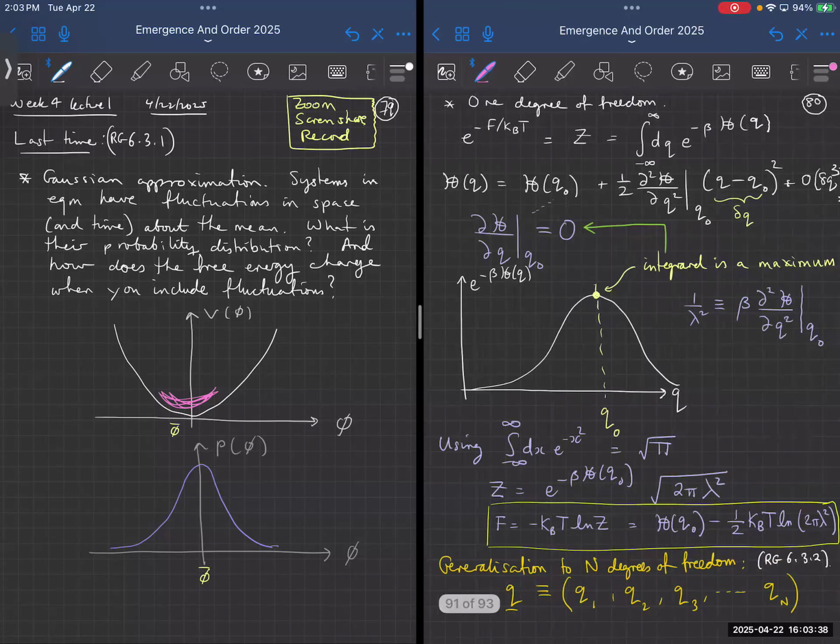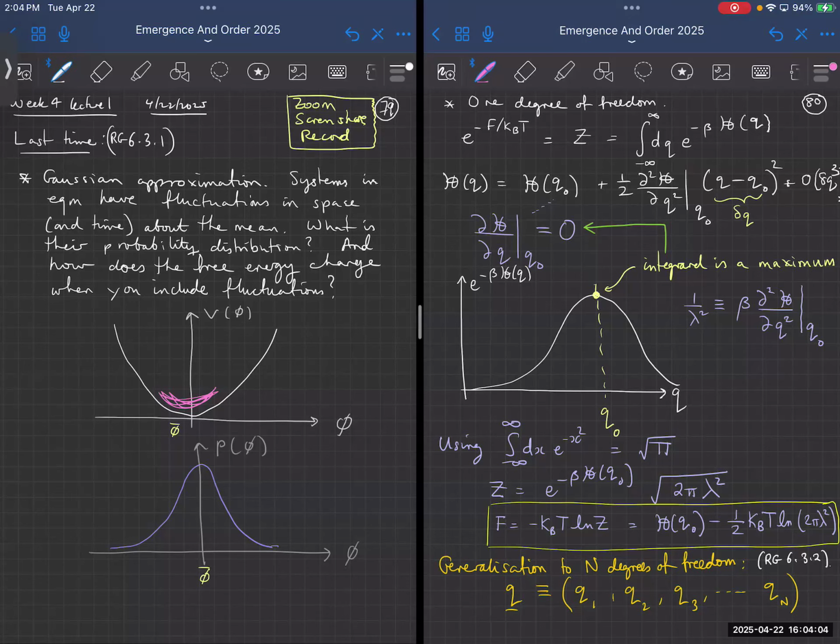And so what we did was we said, let's imagine we had 1 degree of freedom. So we write down the partition function as the integral over the degree of freedom, e to the minus beta h. And then we expanded the Hamiltonian about the maximum point where the integrand is maximized. I call that point Q0. And then we expanded to second order, so we get a Gaussian integral to do.